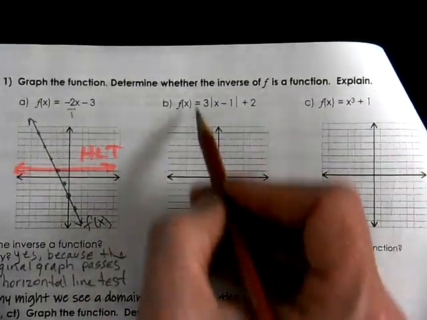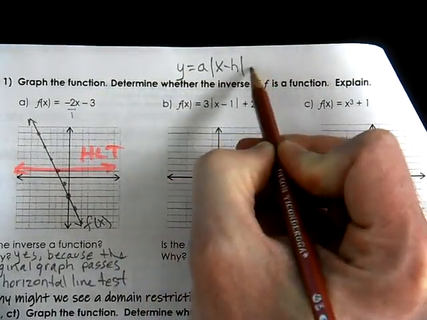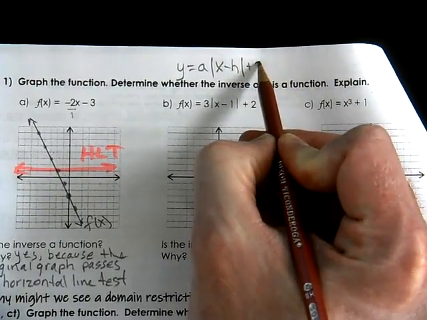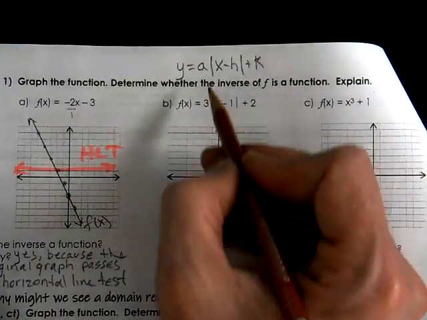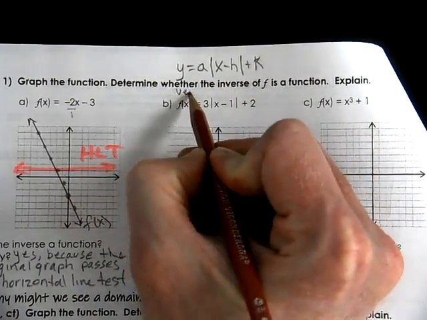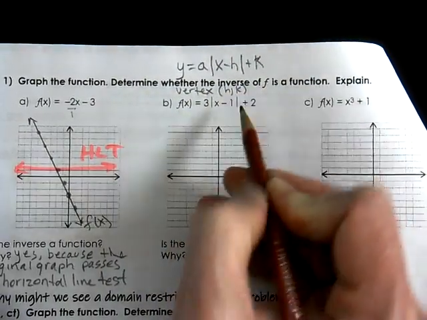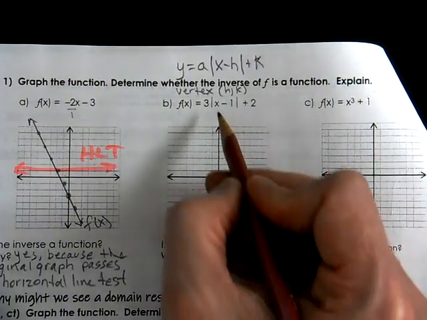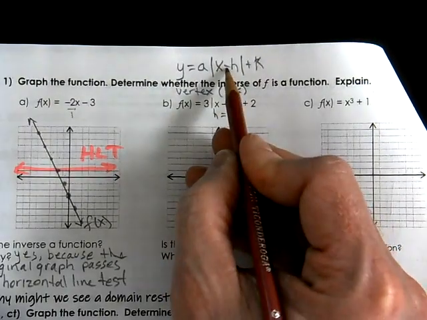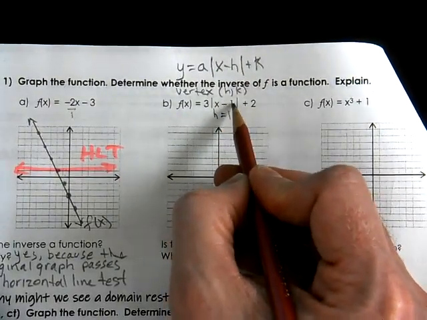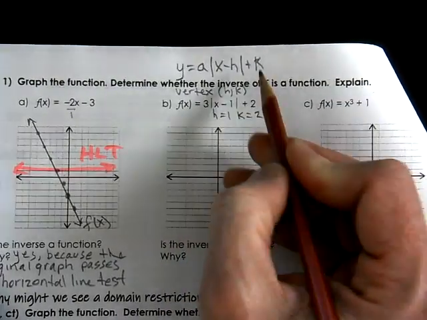So this is an absolute value. We know an absolute value is a times the absolute value of x minus h, plus k. So our h and k is the vertex. In this case, our h value is 1 because it's x minus h. This is x minus 1, so h is 1. The k value is 2.